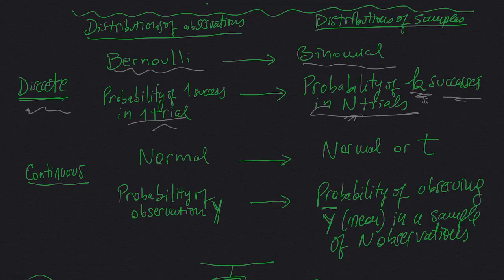Okay, so that was in terms of discrete variables, but we use a lot of continuous variables in psychology, and for continuous variables we cannot use Bernoulli and binomial. Instead, we use a normal distribution.